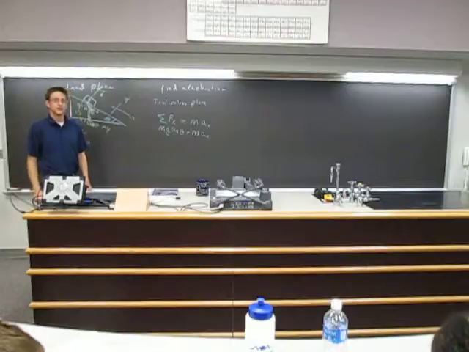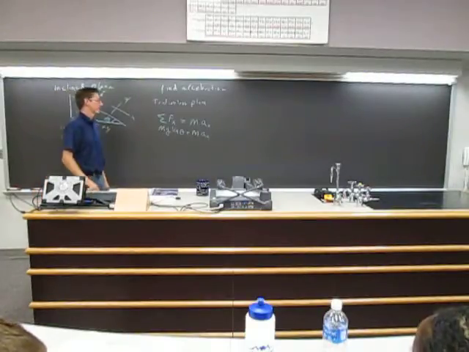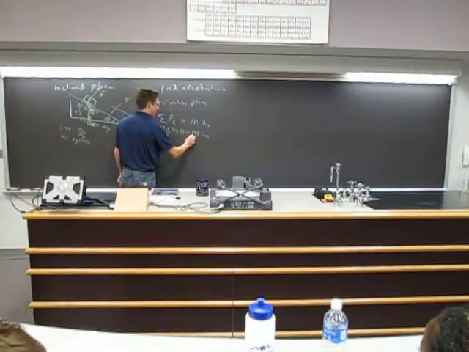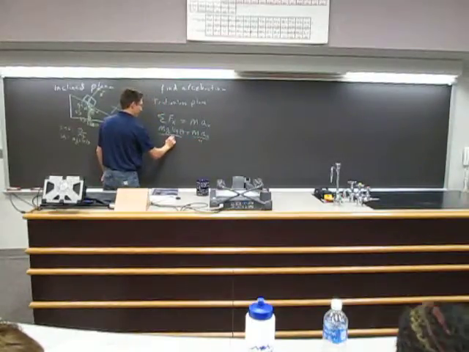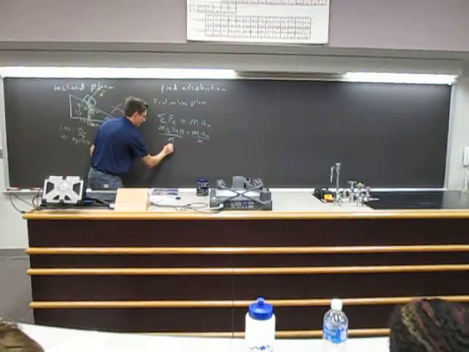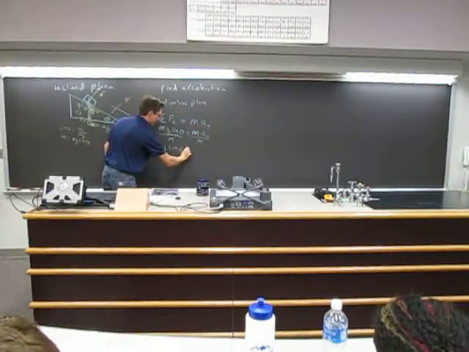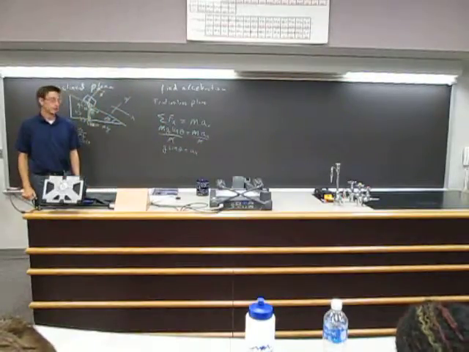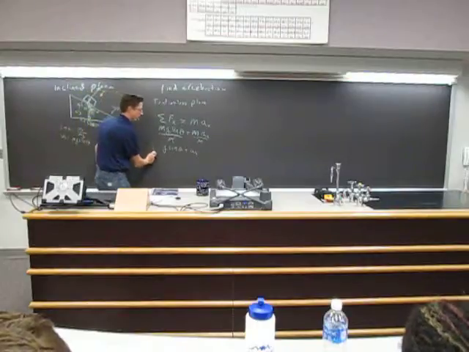If I wanted to get the acceleration in the x direction, what should I do? Divide by the mass. Cancel, and I get that g sine theta is the acceleration in the x direction. All right, this is good for a frictionless plane.